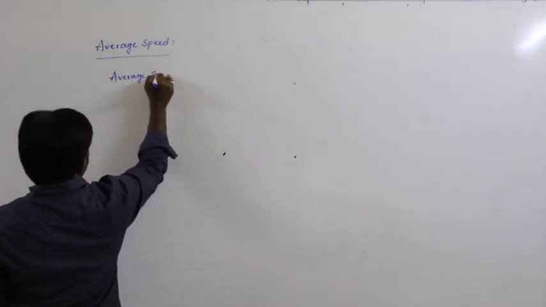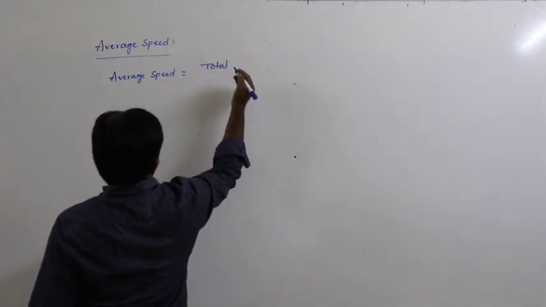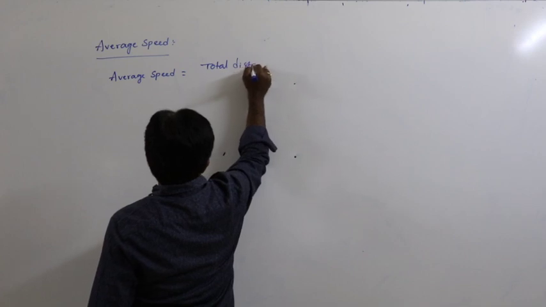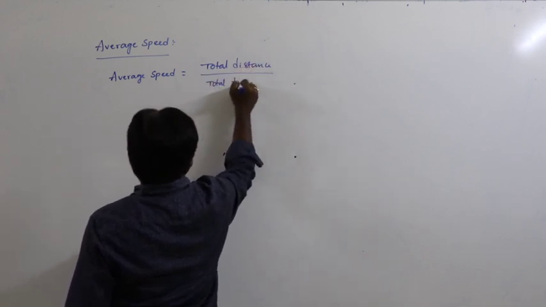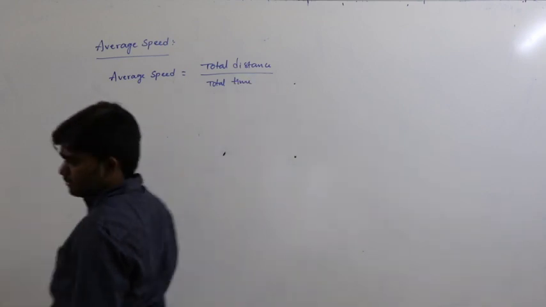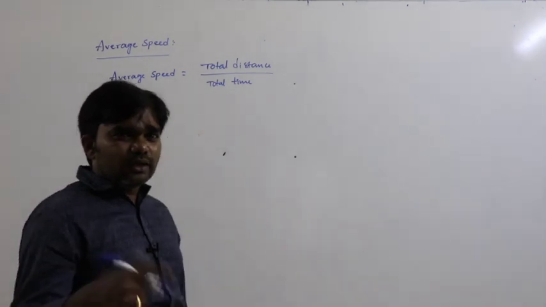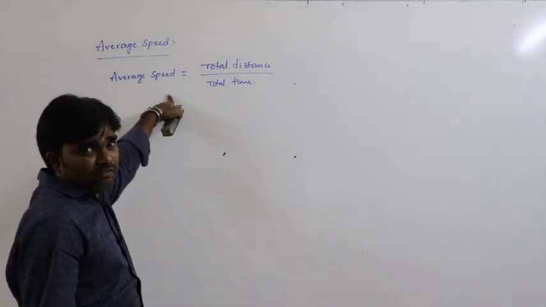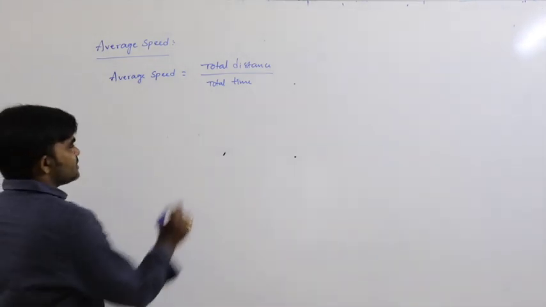Average speed is defined as the ratio of the total distance travelled by the body divided by the total time. The ratio of the total distance travelled by the body in the total time interval, that is called the average speed.